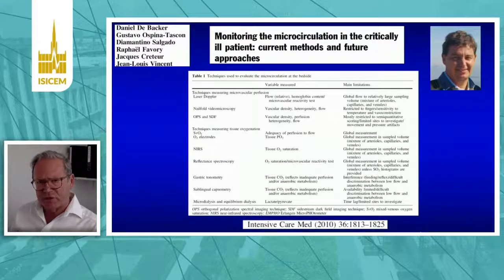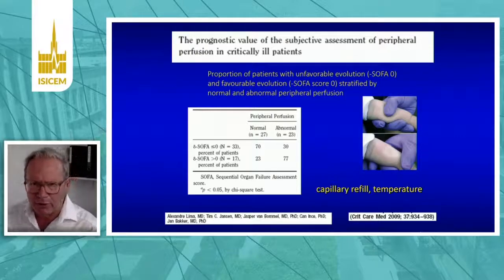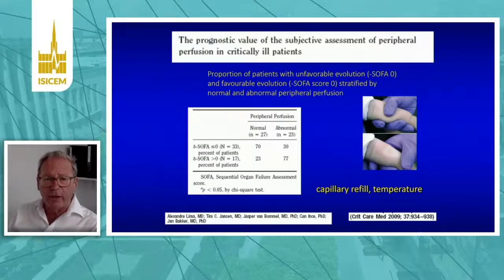And of course, it's much too much to go into these techniques one by one. In any case, a very simple clinical technique in order to do this is to look at the capillary refill time. Again, a flow measurement by looking at the capillary refill time or peripheral temperature. And indeed, these assessments of peripheral perfusion are very sensitive in identifying organ failure.